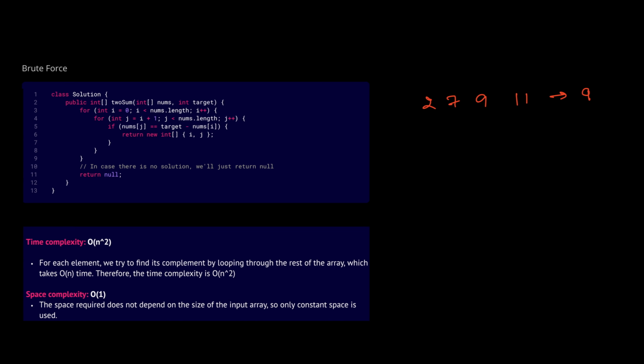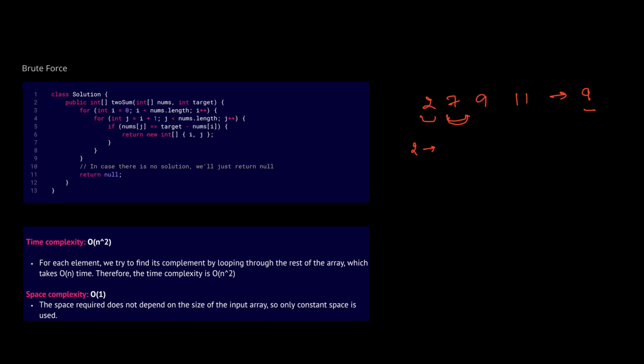You might end up comparing each element with every other element. Here we are looking for two numbers, so you fix the first number and try to find the second number. If you find a number such that both elements sum up to 9, that's your solution. But in the worst case, you might end up comparing each element with every other element.